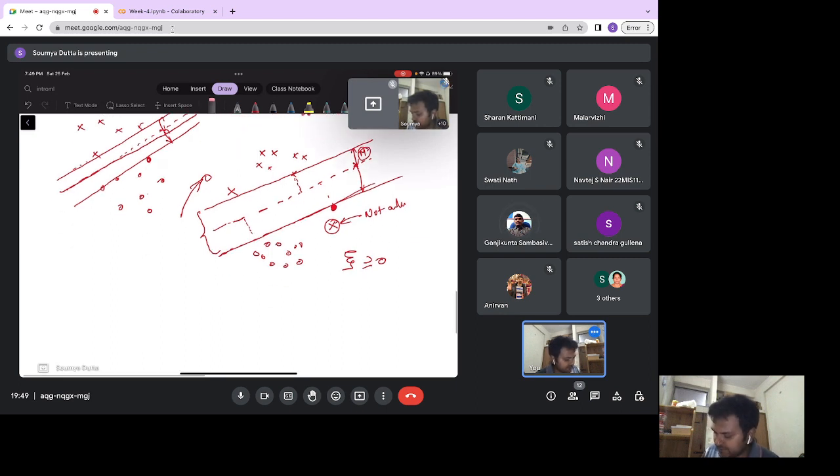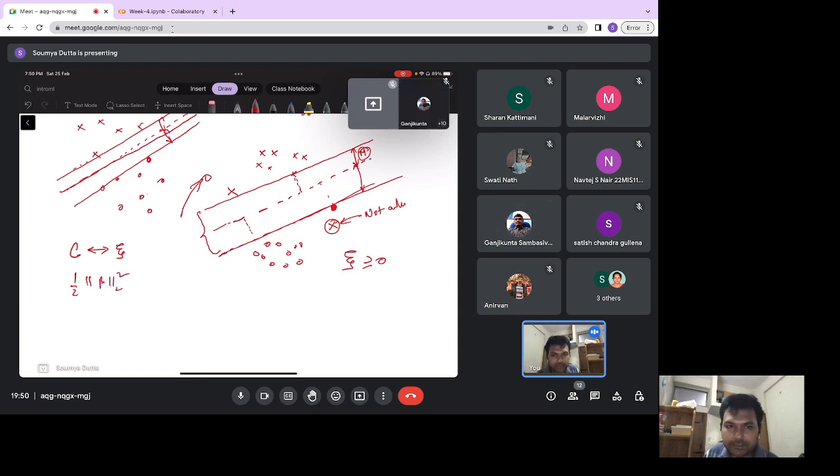So this C, which is there in scikit-learn's SVM, is directly linked with zeta.